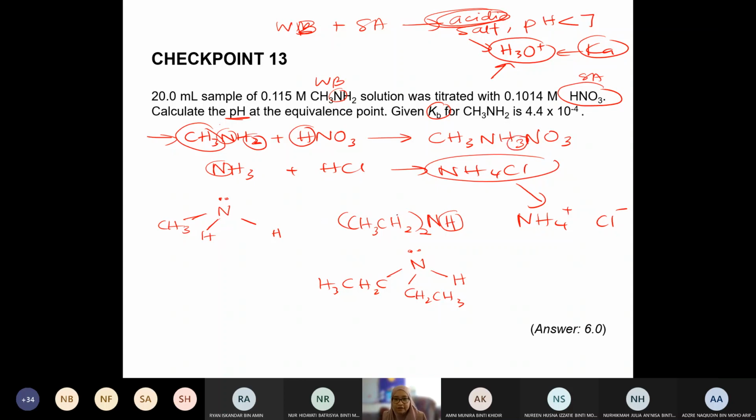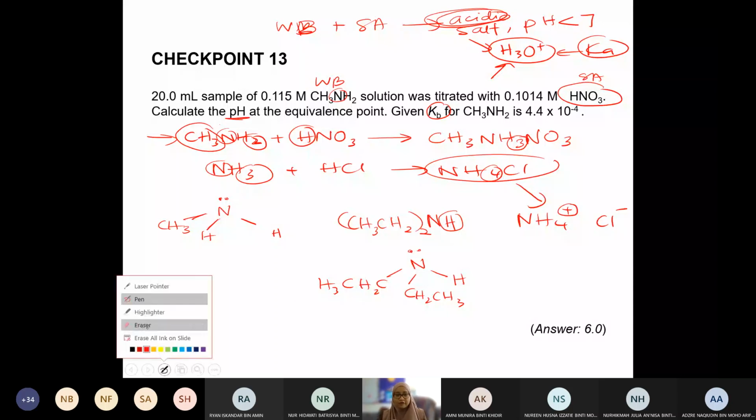See, NH3 from 3 becoming 4. See, bila dia accept proton, dia akan jadi plus because the lone pair is used to form a bond with the proton just now. That's why dia hilang the lone pair. So dia hilang the electronegativity tu, so that's why they become positive. Okay, so ni tu lagi satu knowledge yang you kena tahu. Not all neutralization reaction produce water.